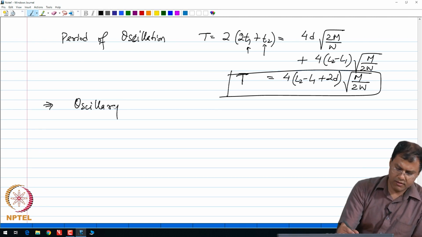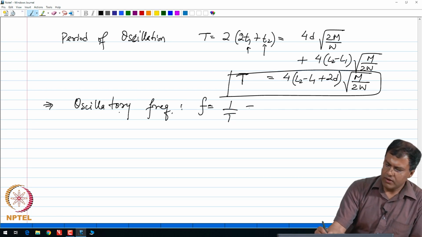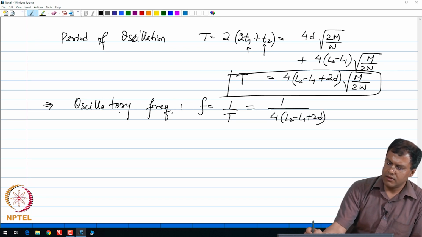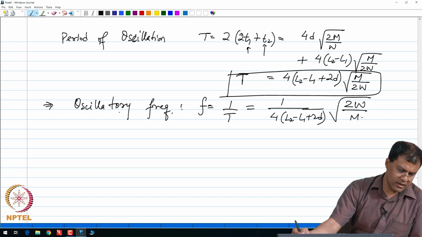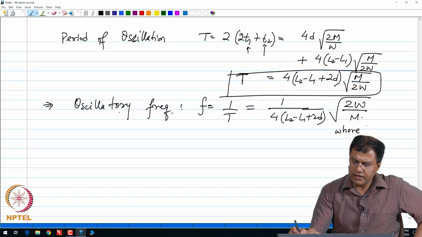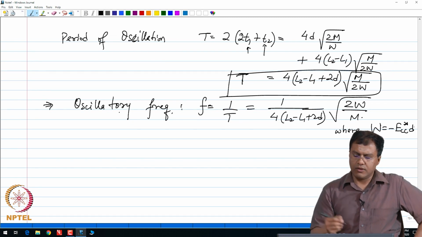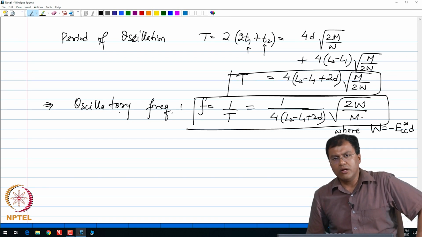The oscillatory frequency will be given by f, which is equal to 1 by T, which is 1 by 4(L2 minus L1 plus 2D) times square root of 2W by m, where my work done W is minus E_cc, the cylinder interaction, times D. Okay. So, this is my period of oscillation, which has now been found completely through Newtonian mechanics.